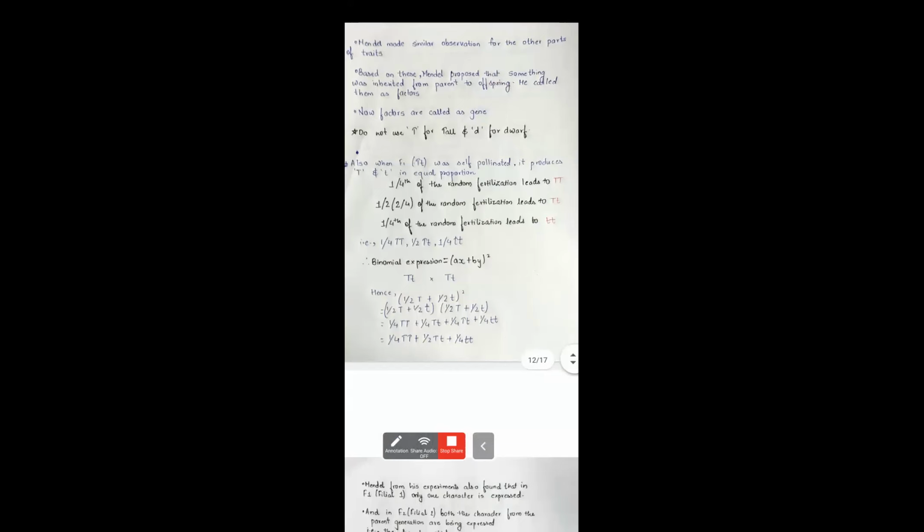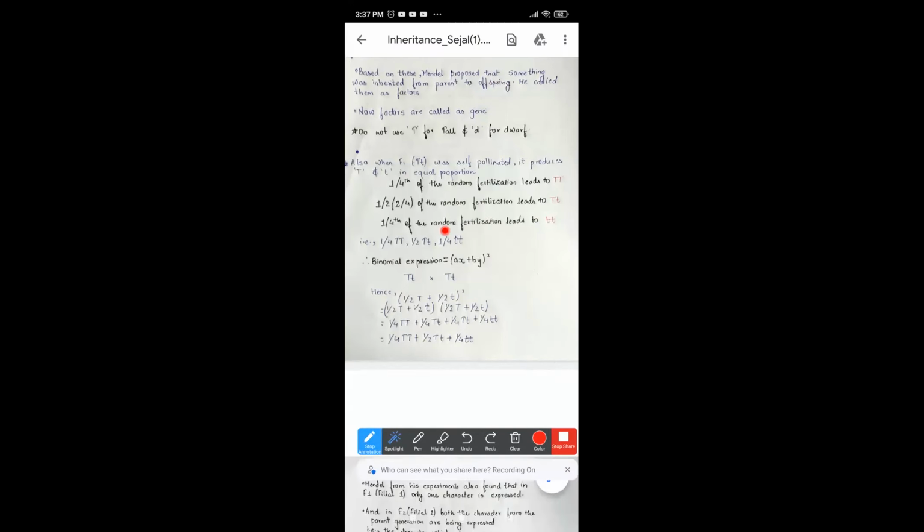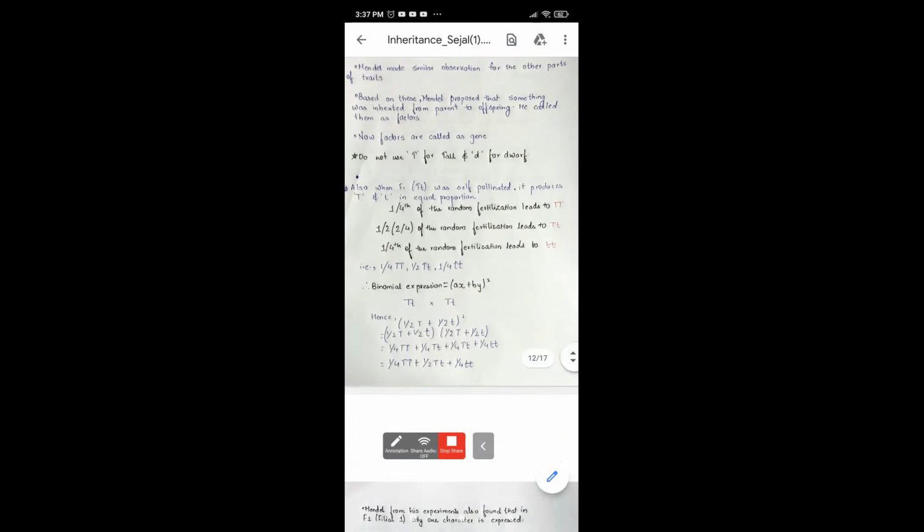Now, 1/4 of the random fertilization leads to homozygous tall, half or 2/4 of the random fertilization leads to heterozygous tall, and 1/4 of the random fertilization leads to homozygous dwarf.